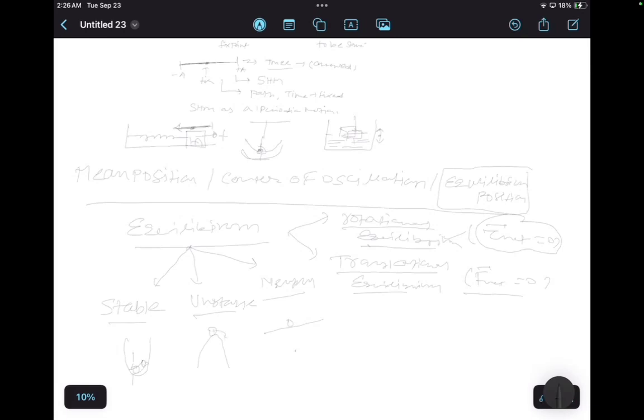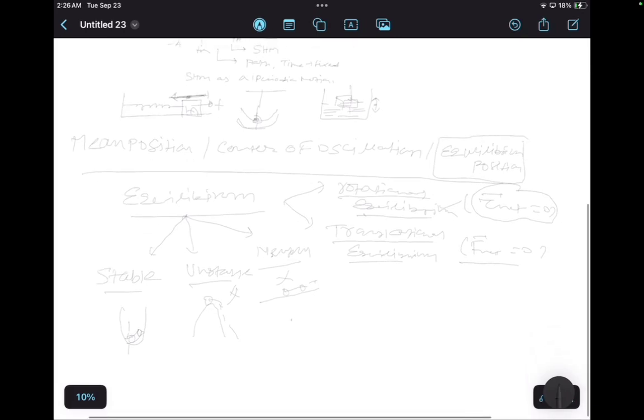But in this case, if you throw the particle, it will go and never come back. And in this position, if you slightly push the particle, it is not going to come back. So in unstable and neutral equilibrium, the particle is not going to perform any kind of oscillatory motion. The particle is going to perform oscillatory motion only under the stable equilibrium position.